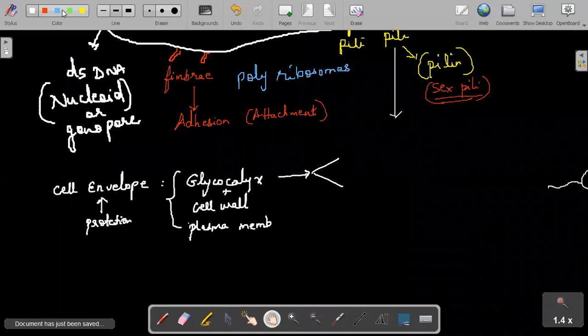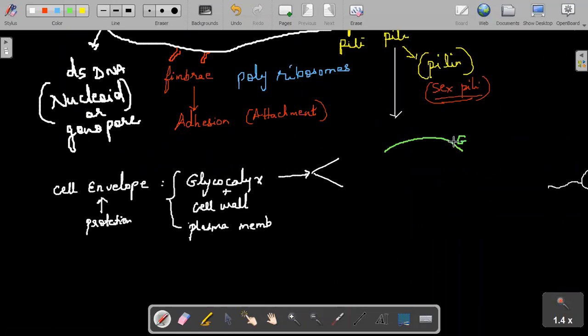The first outer layer is a glycocalyx. This is G for glycocalyx. Then you will have the cell wall. In bacteria, we use the word cell wall, which is just like the cell membrane only. And then I'm going to have one more layer here, which is going to be my plasma membrane.